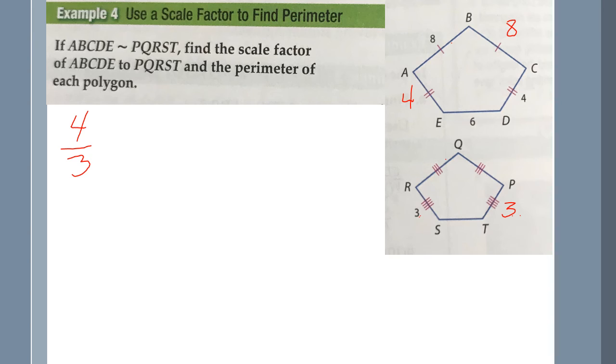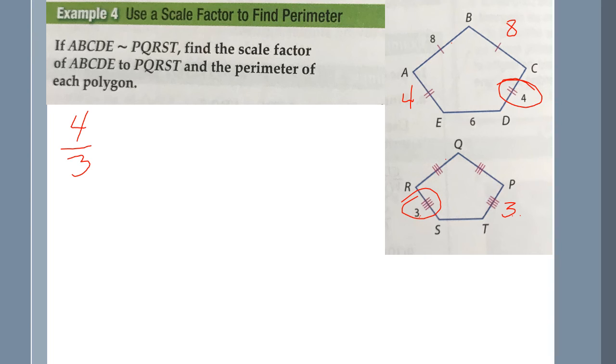like RS matches up to AE. Excuse me, RS matches up to CD, which is equal to AE, right? So this matches up to this. So our scale factor is 4 over 3.